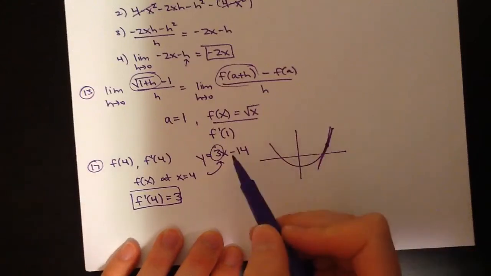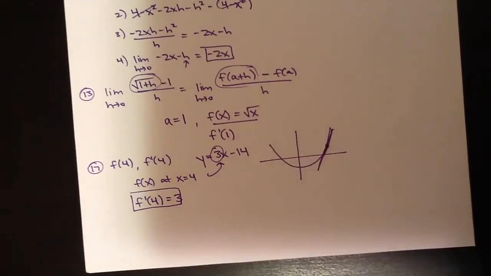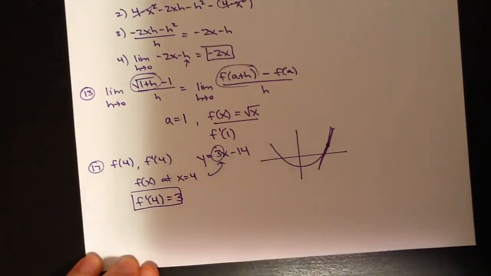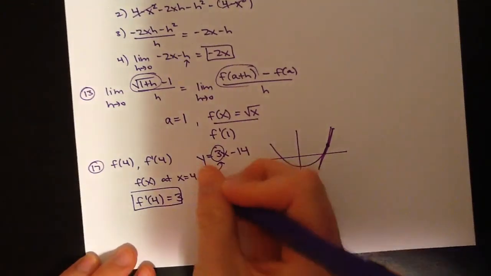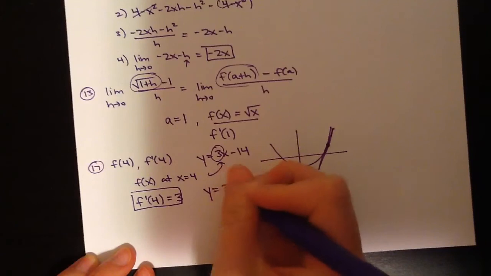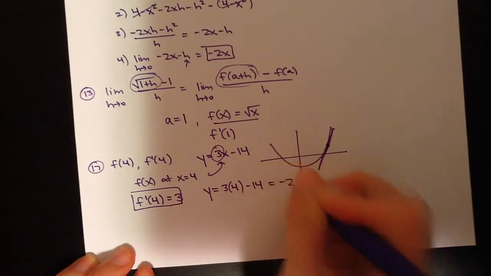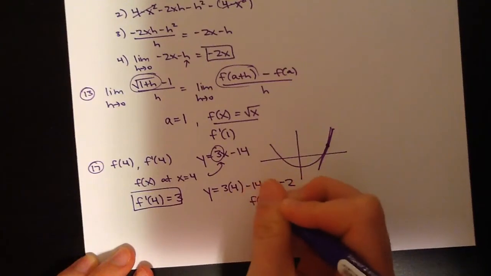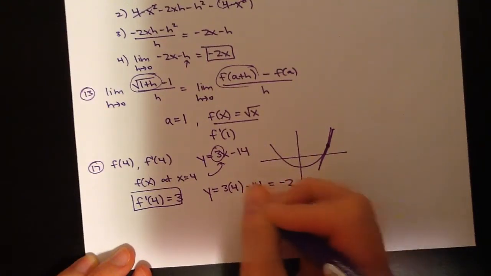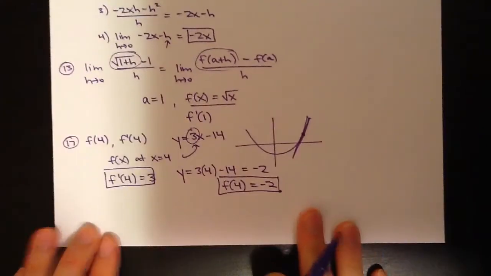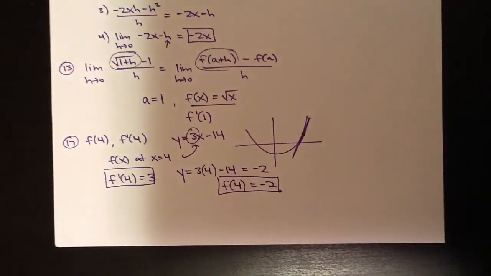So the tangent line has the same y value as the original function. So if we know what f of 4 is in the tangent line, we know what f of 4 is in the original function. If I plug in a 4 right here, what I end up with is a negative 2. So that means that f of 4 must also be negative 2, because the linear function and our original function share the same y value and the same slope. All right, so that's number 17.